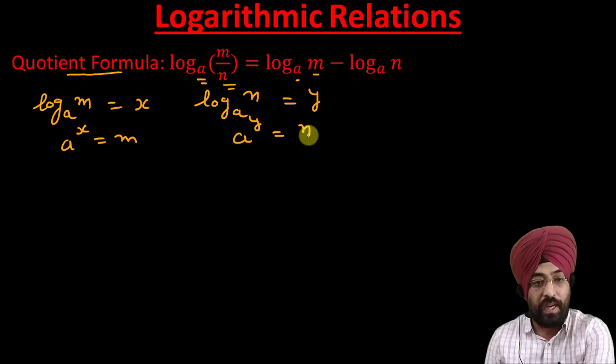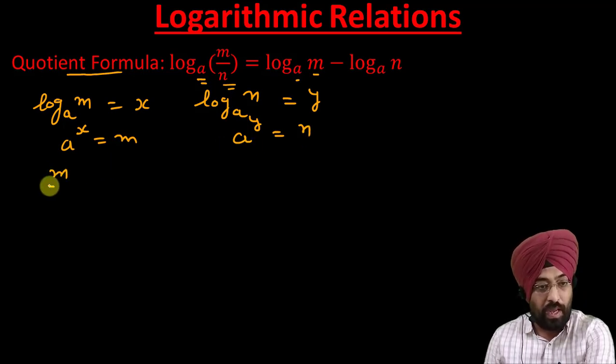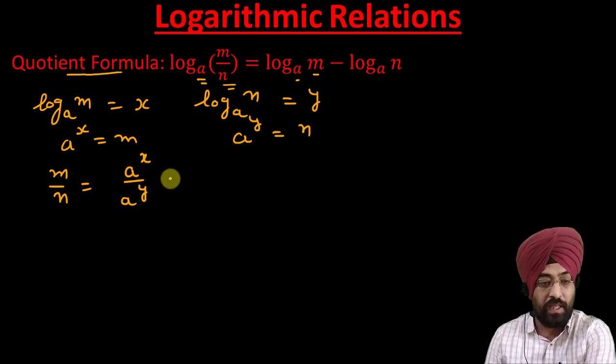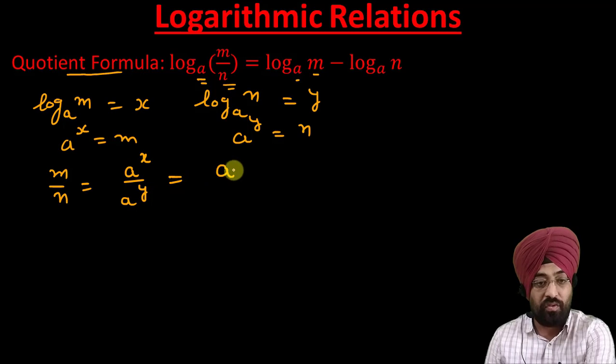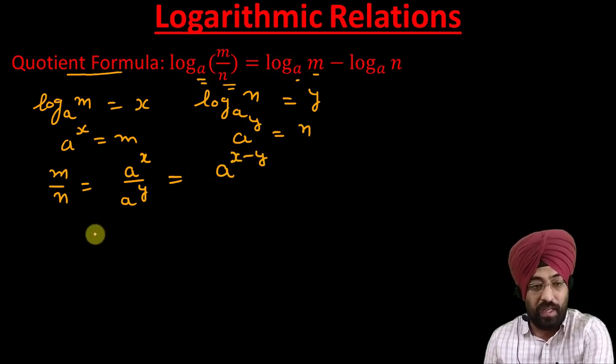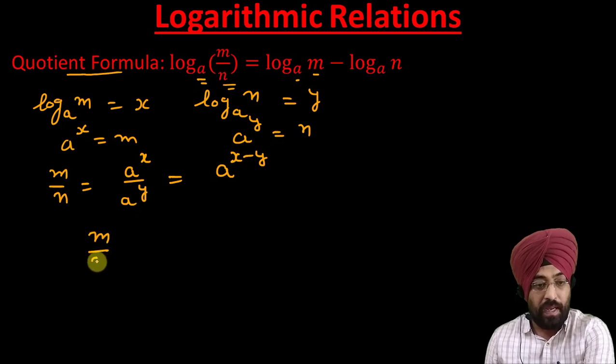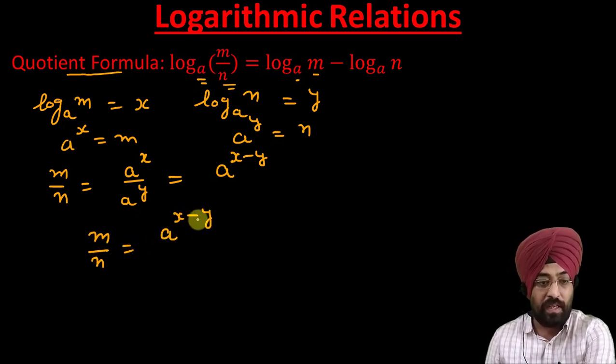Now we have to find m by n. So m divided by n is equal to a raised to the power x divided by a raised to the power y. So it becomes a raised to the power x minus y. So from here we have m by n is equal to a raised to the power x minus y.